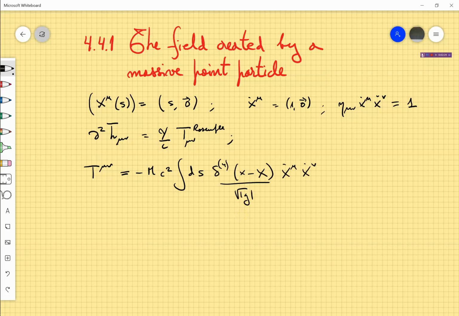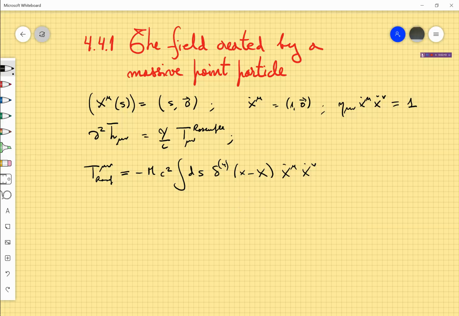Now, if we want the Rosenfeld one, this means that we have to replace the metric by the Minkowski metric that has determinant equal to minus 1. So the square root of the absolute value of the determinant is 1. So this is removed.